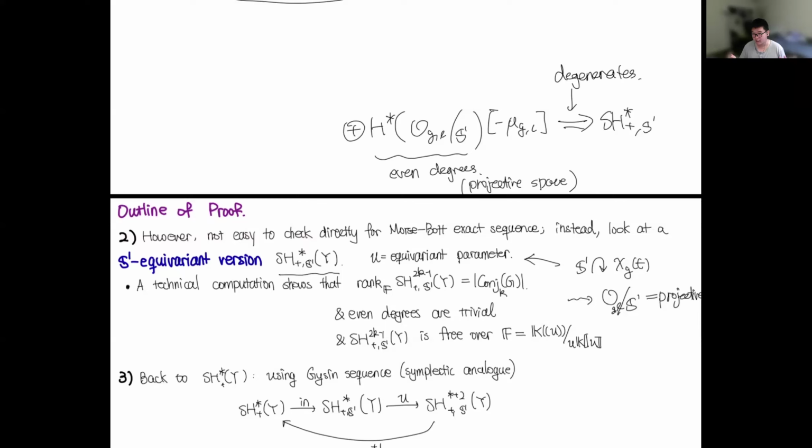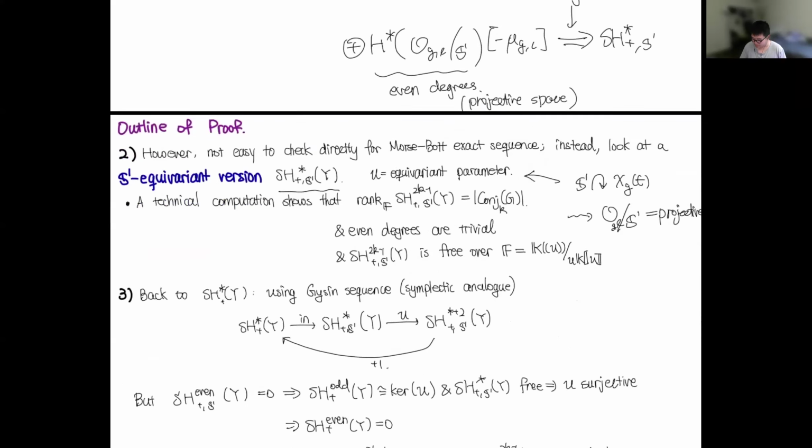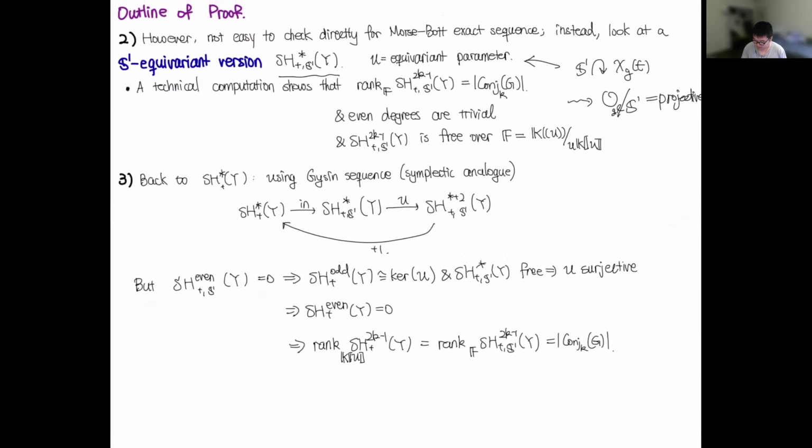So that you have a direct computation of all these things, and the only thing you need to do is to compute the index of each orbit, which is standard in symplectic geometry.